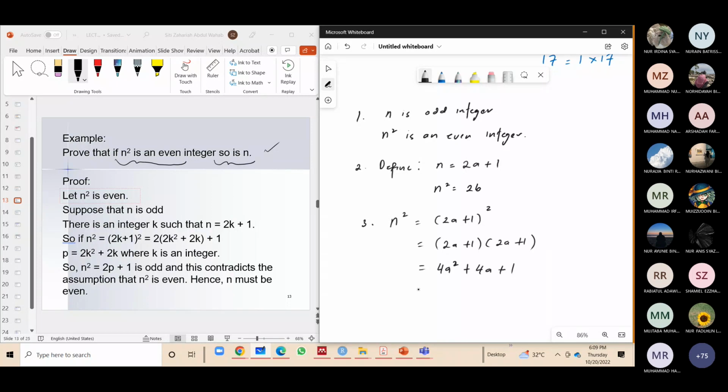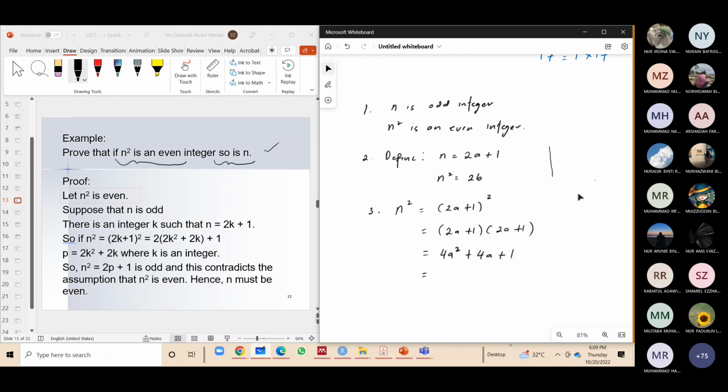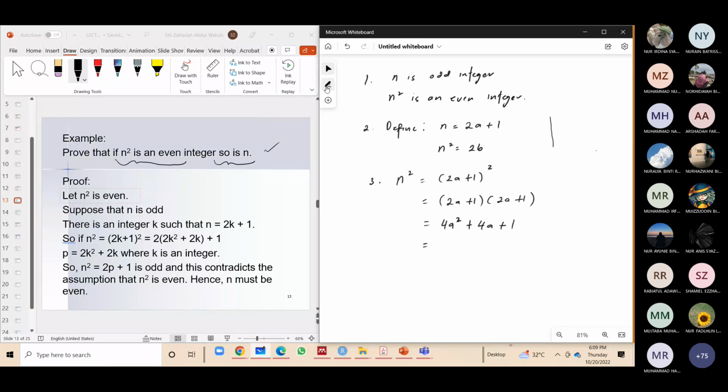And then, to simplify the equation, we can factorize. We only factorize this part: 2 in the bracket, 2a square plus 2a, and then plus 1.